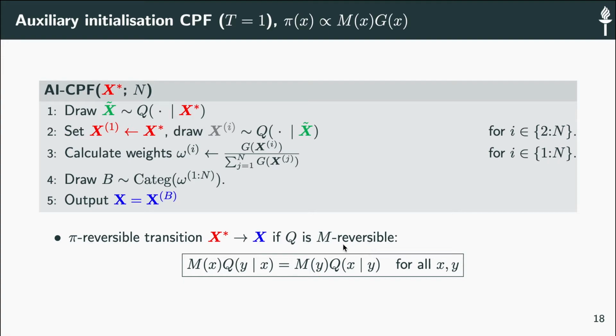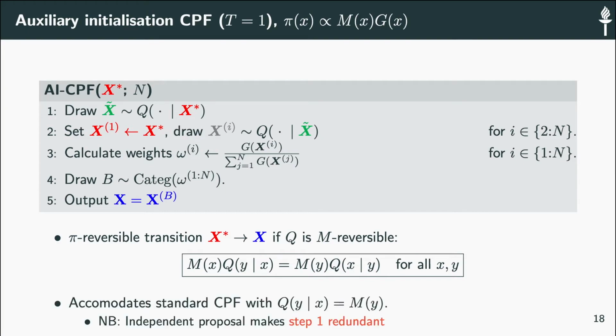So in our example, M was uniform, so that's constant, but Q was just a symmetric random walk. But we can, for instance, look at the standard CPF case by plugging in Q to be just an independent draw from M, and the reversibility is satisfied, again, trivially. But actually in this case, step one is redundant. We can just drop it.